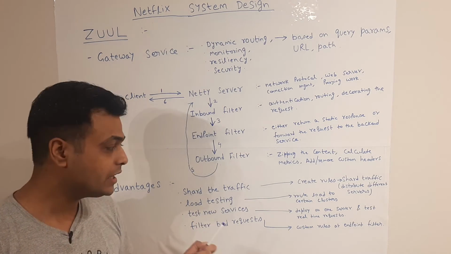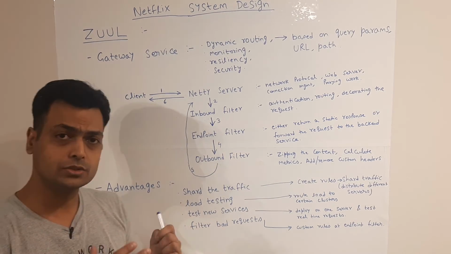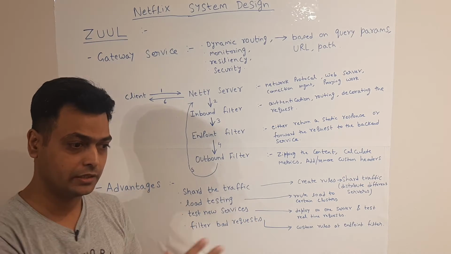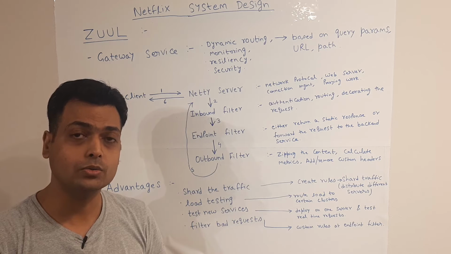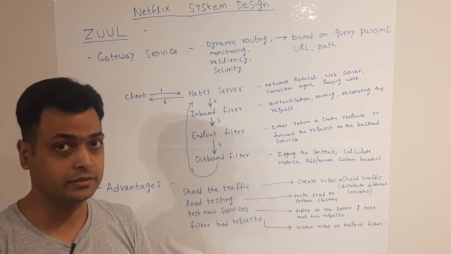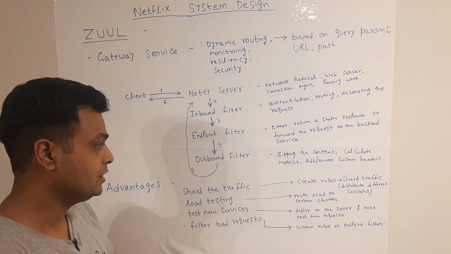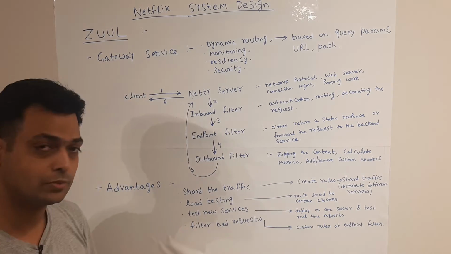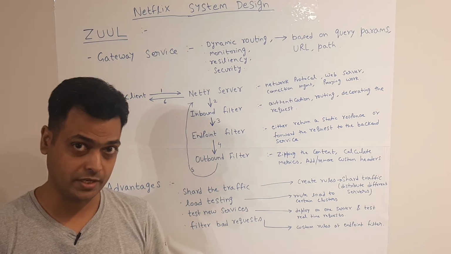So you can create clusters which can be tested on how the system performs when there is high traffic. You can route the load to certain clusters and see how it works, and that way you can do load testing.